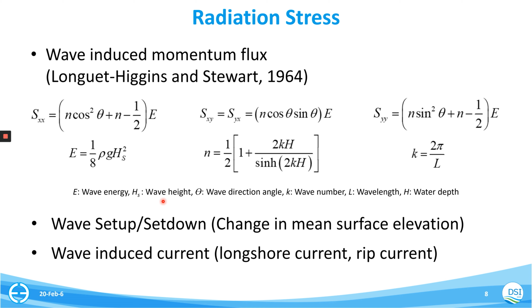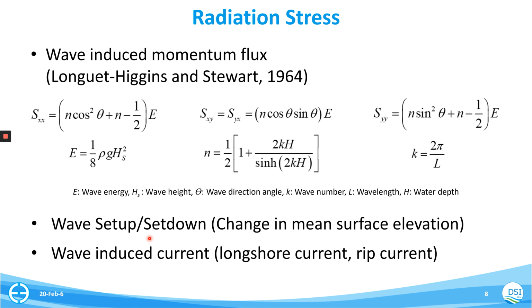And then after it breaks, because the energy starts dissipating, the mean sea level will generally rise up towards the shore. And so that's the whole wave setup and set down phenomenon that can occur.